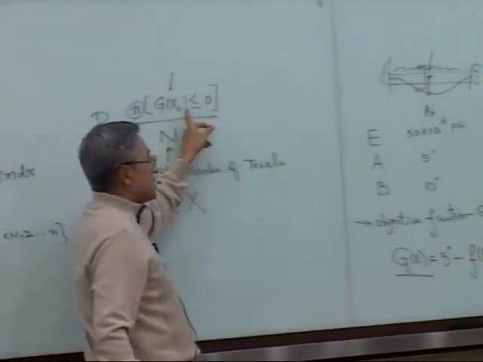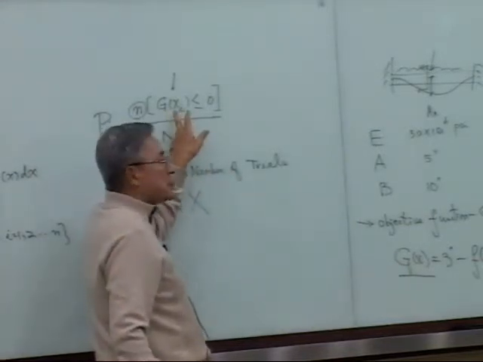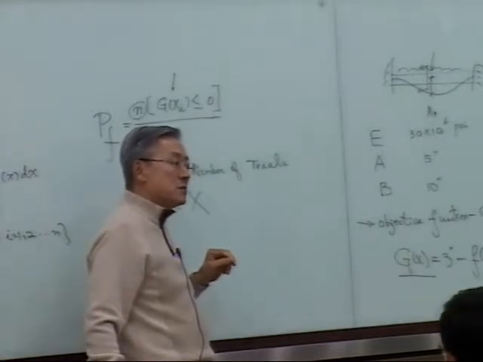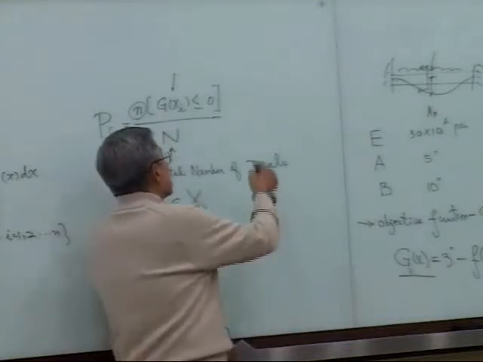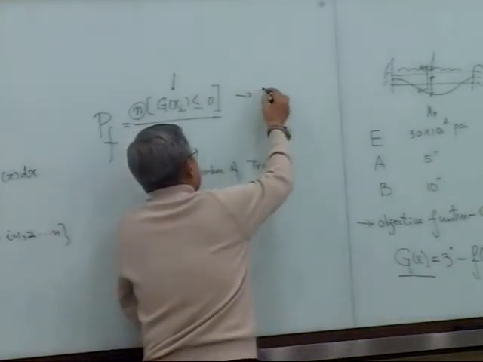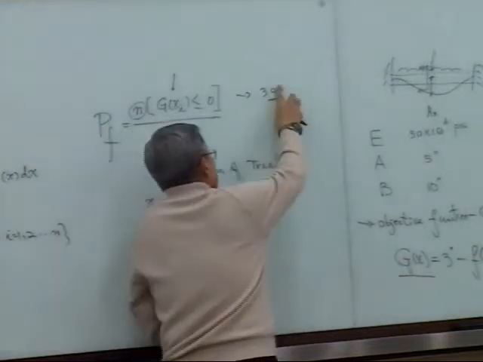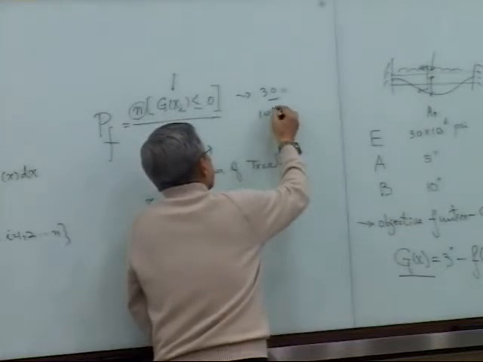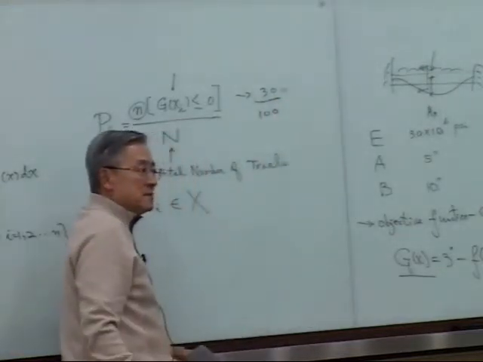Then not all, you don't expect all 100 trials to meet this criteria, less than or equal to 0. Maybe out of 100, this criteria is met 30 times. Okay?